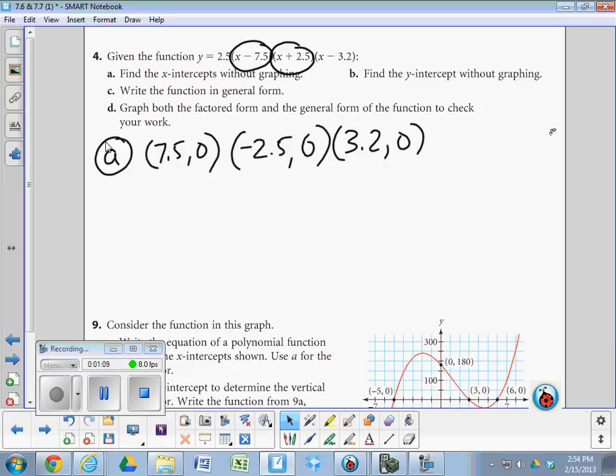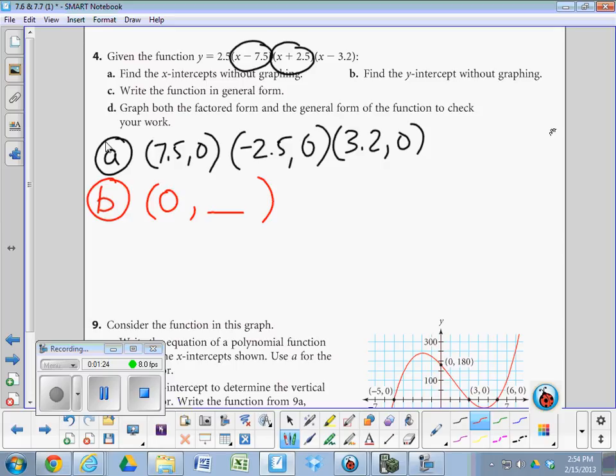B, y-intercept. Now, anywhere on the face of the earth, if you're finding a y-intercept, what's x? Plug in 0, see what you get. What's 0 minus 7.5, times 2.5, times negative 3.2, times 2.5?